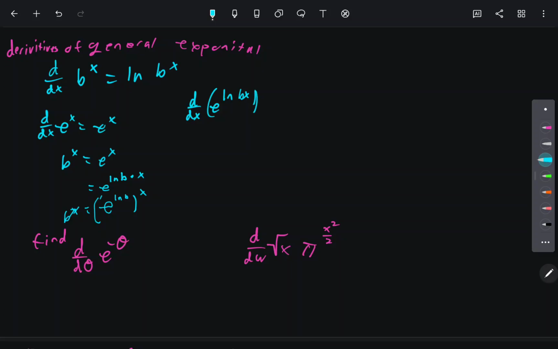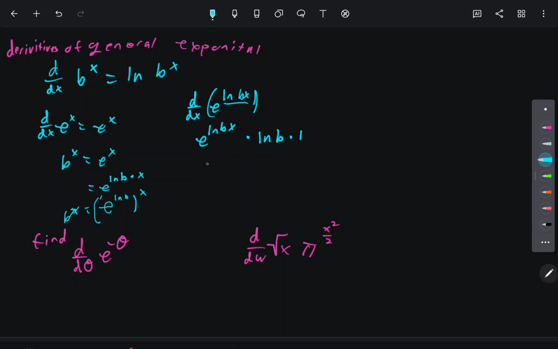So whenever we take the derivative of this, it is a chain rule derivative. The derivative of e to the ln of bx is still just e to the ln of bx. But now we have to take the derivative of this inside function. Well, the derivative of this constant, which is the natural log of b, times the derivative of x, which is just 1.